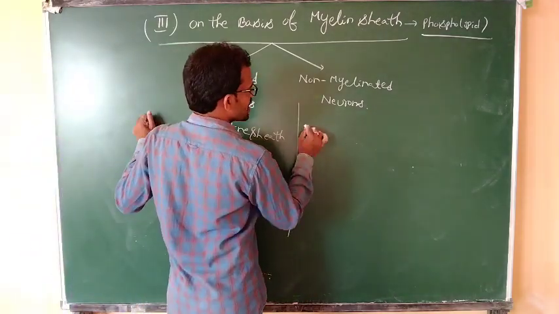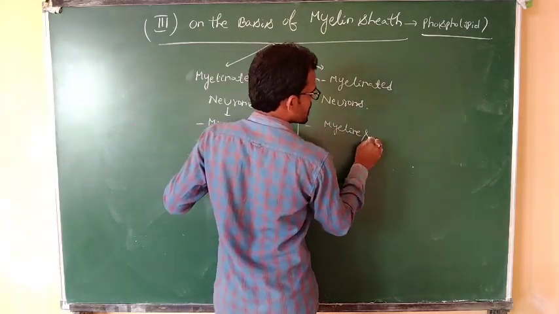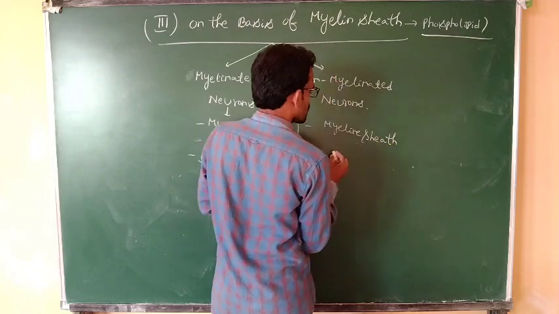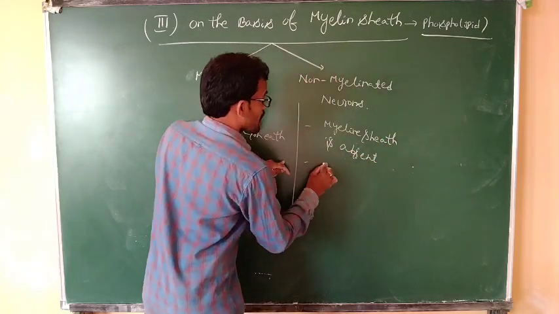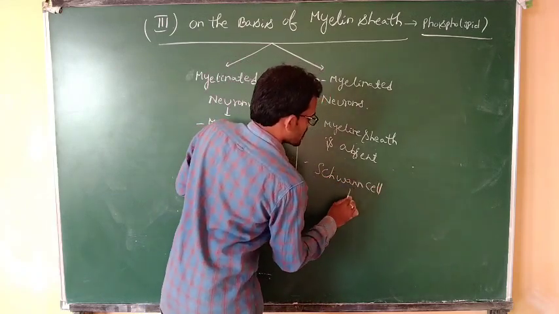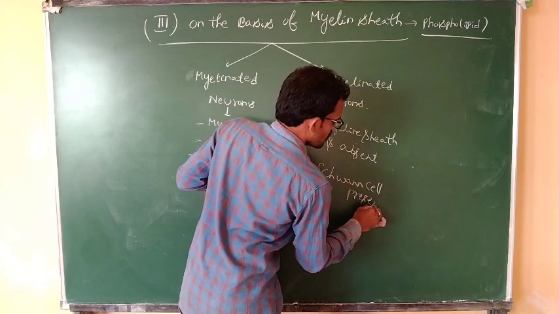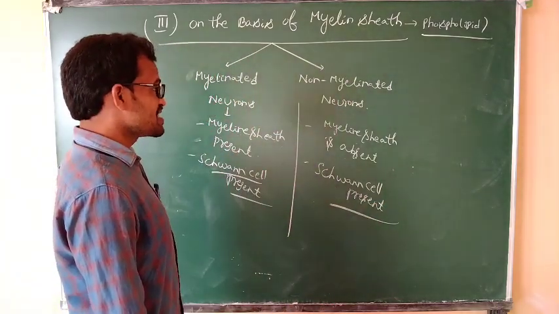But in non-myelinated neurons, the myelin sheath is absent, but Schwann cells are present.